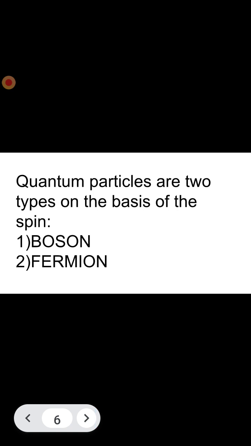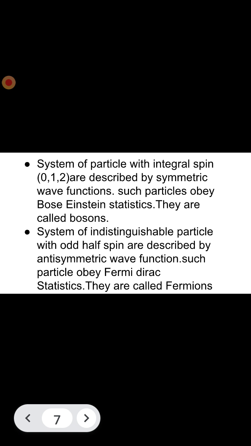Now let us see more about electrons. Quantum particles are of two types on the basis of spin, bosons and fermions. The system of particles with integral spin, that is 0, 1, 2, are described by symmetric wave functions.